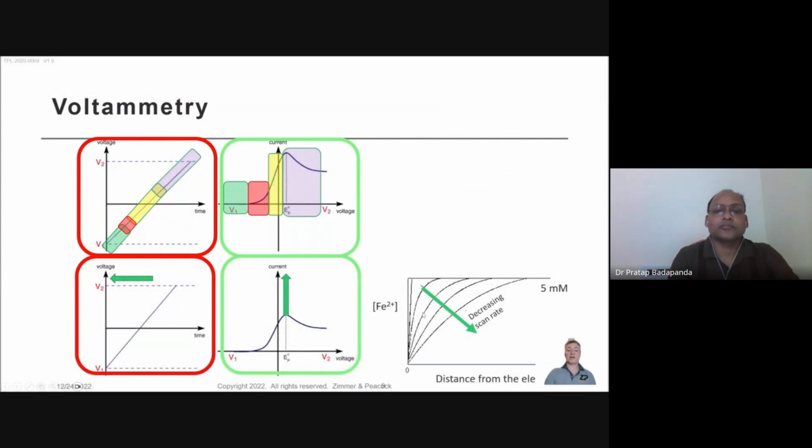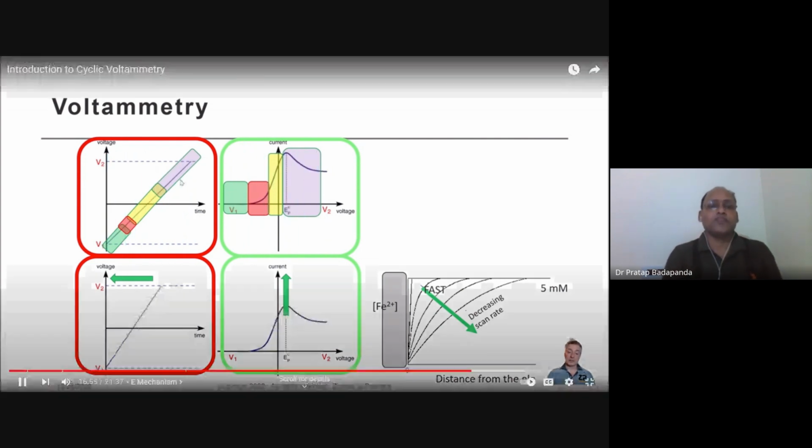That peak current is really driven by the diffusion gradient near the electrode. So this is the ferricyanide concentration. In the bulk it's 5 millimolar. This is distance from the electrode. And what it says is, when you scan fast, you go from V1 to V2 really quickly. You hardly have any time to do any electrochemistry, and so you hardly deplete the Fe2+ and convert it to Fe3+.